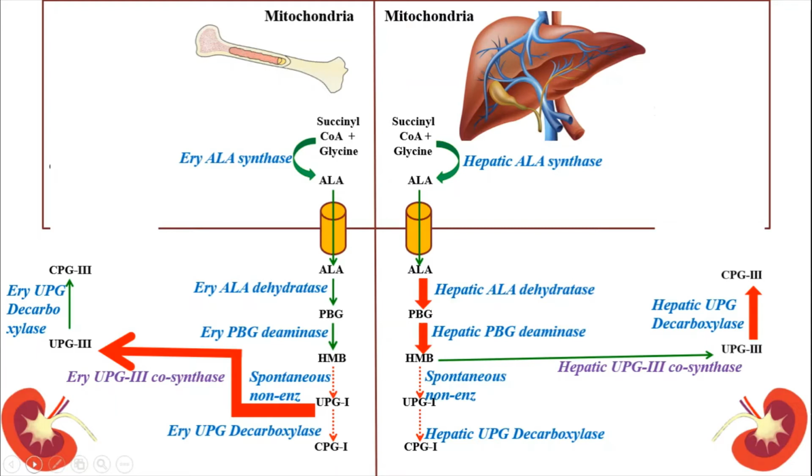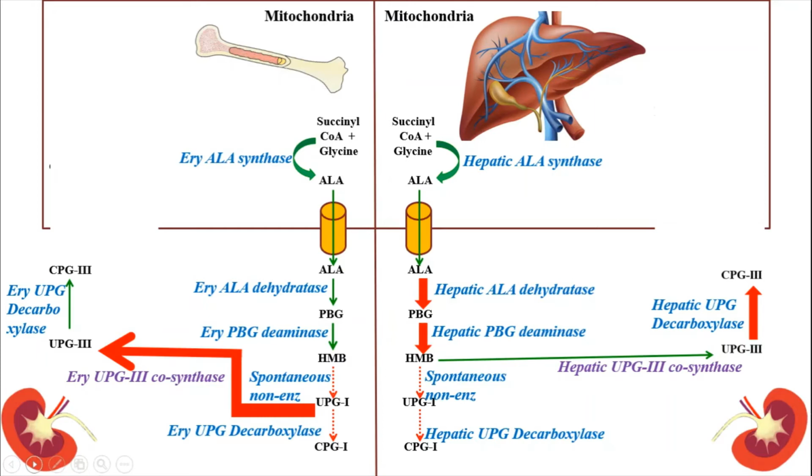As it is a hepatic variety, there is no question of anemia. The patient will not suffer from anemia here. Erythropoietic UPG3 decarboxylase is absolutely normal. As the skin involvement is maximum, the adjective cutanea is coined.